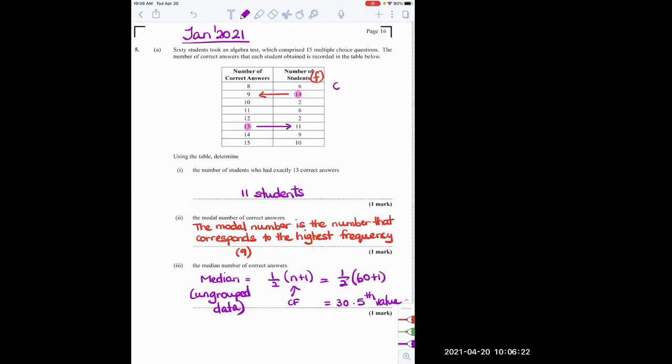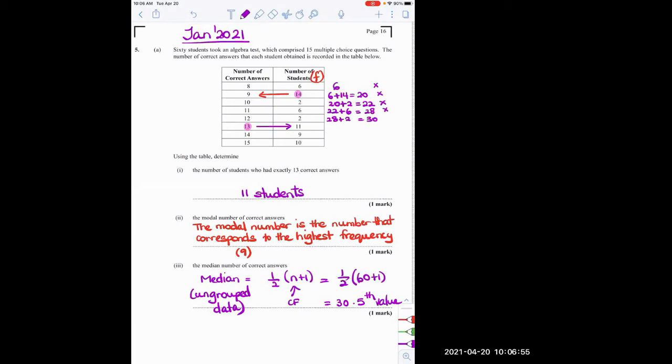So let me see where that value will start. Here we have 6. We did not reach 30 as yet, so we count again. 6 plus 14 is 20. We did not reach 30 as yet, so we count again. 20 plus 2, 22. We didn't reach 30, so we count again. 22 plus 6 is 28. We didn't reach 30, so we count again. 28 plus 2 is exactly 30.